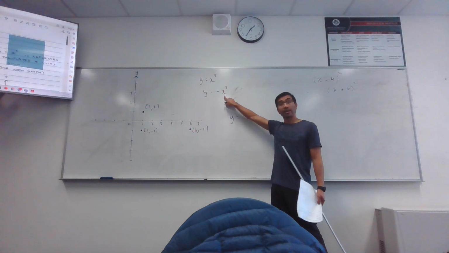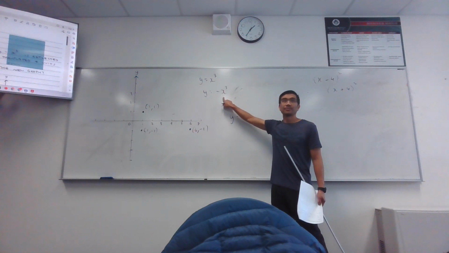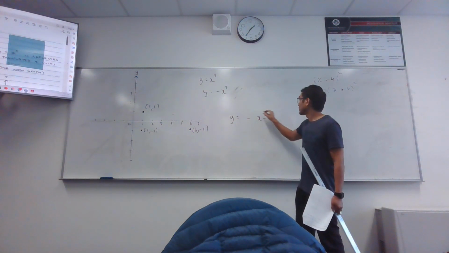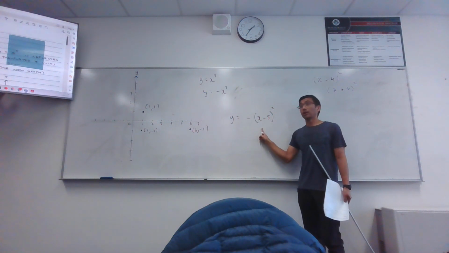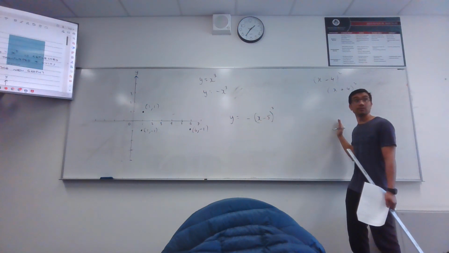We want to go right. But the question is, what sign do we use? It's a minus. Remember when you sketch your quadratics, a minus 5 meant the actual graph goes right.